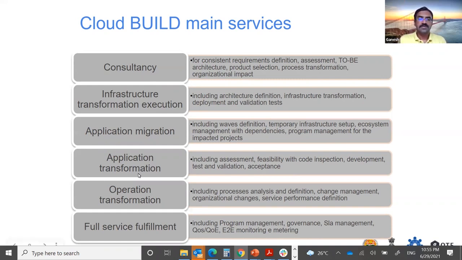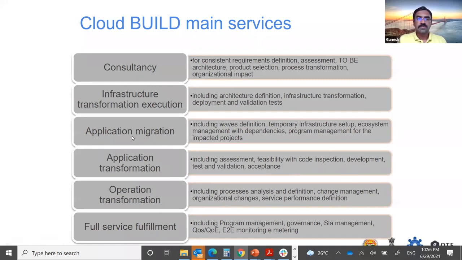Then the third element is the application transformation. Those days are gone wherein I have been using the legacy applications. If I want to move from legacy to the new applications, first I have to do an assessment. Based upon my assessment, only then can I give recommendations, only then do a feasibility study, only then can I do the test and validation so that I can give the better services to the customer.